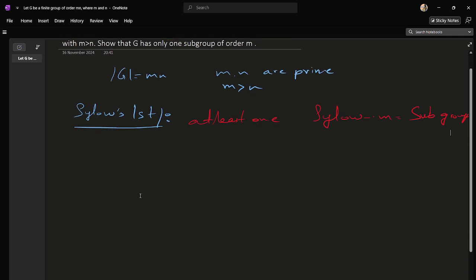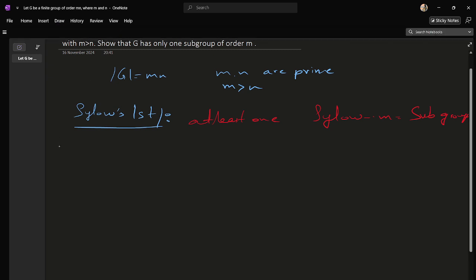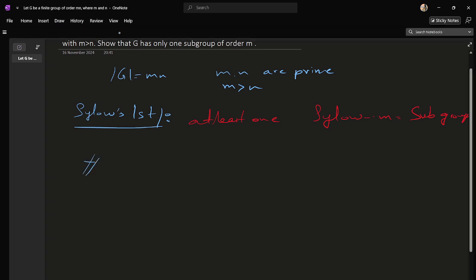So the number of Sylow m-subgroups, denoted by n_m, is what we need to find.